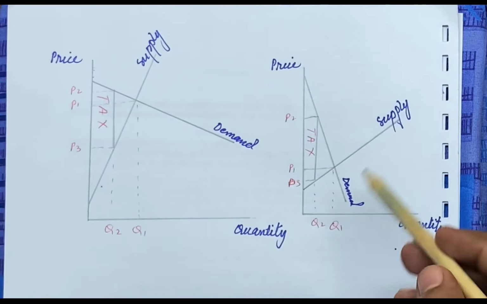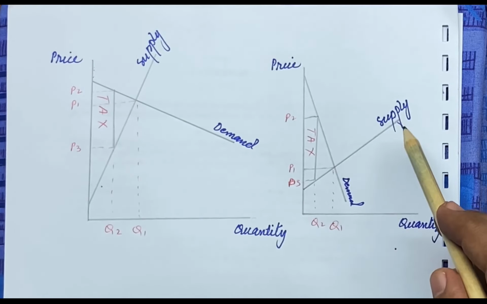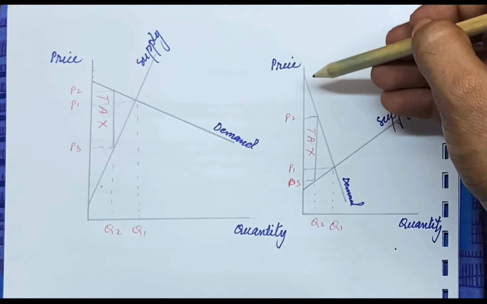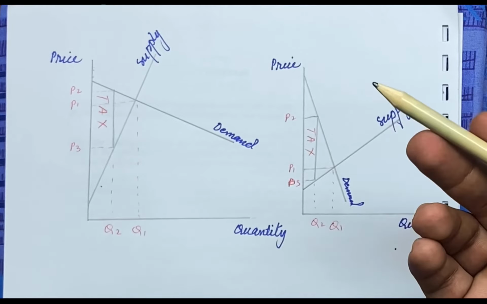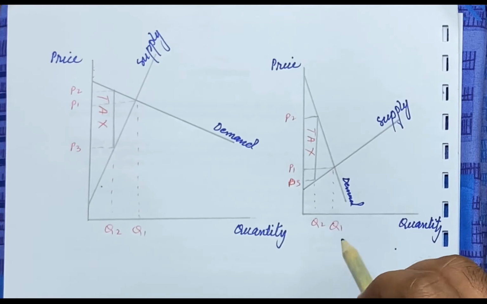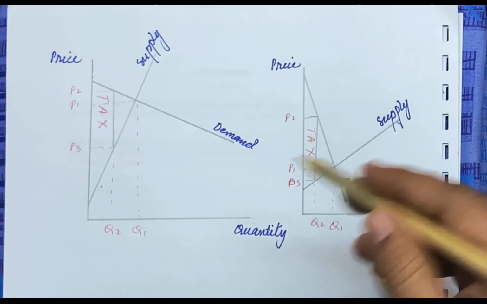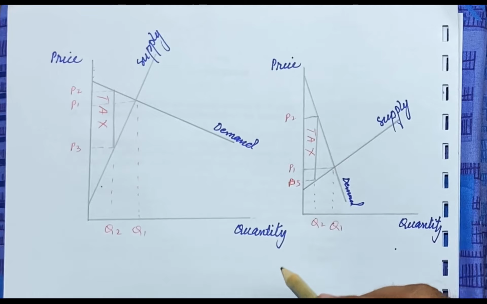In this case, if supply is flexible, meaning elastic, and demand is less elastic, let's take the example of medicine, life-saving drugs. In this situation, buyers always want to buy whatever the price is. If government imposes tax in this situation, what will happen?